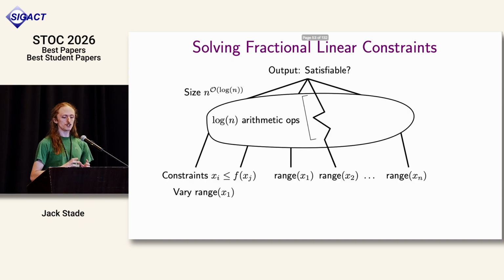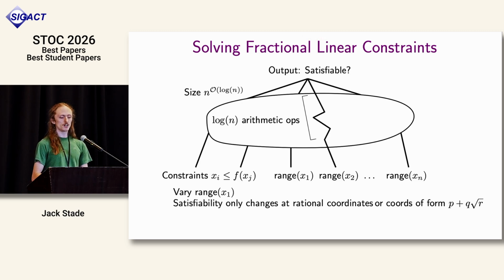And so what I do is I vary the upper and lower bounds for this first variable x1. What I am able to do, which takes a bit more work, is construct this circuit in such a way that I can see that the output will only ever change when x passes through a coordinate of this form p plus q times square root r.